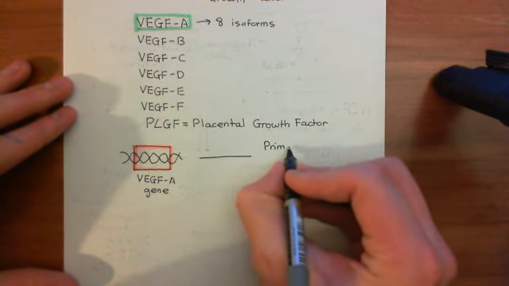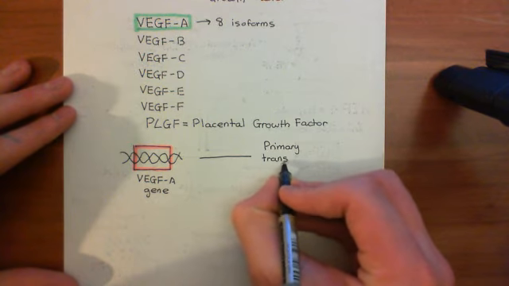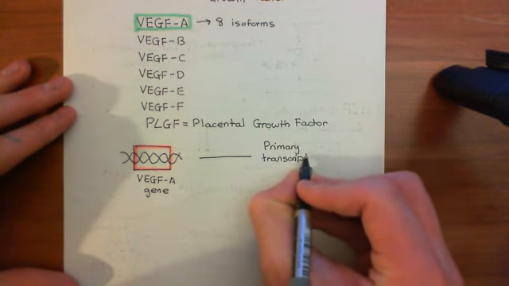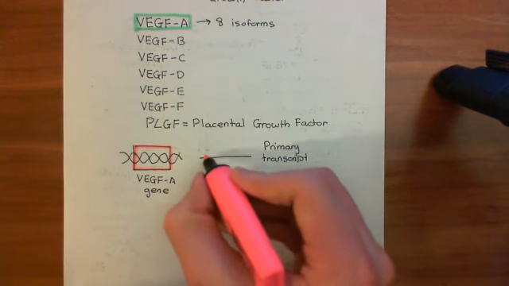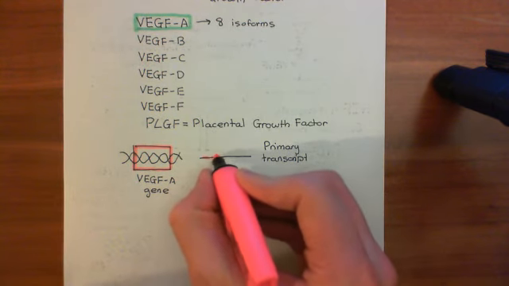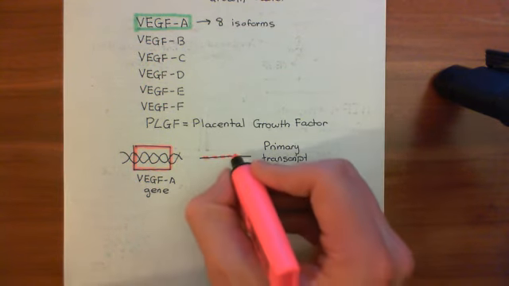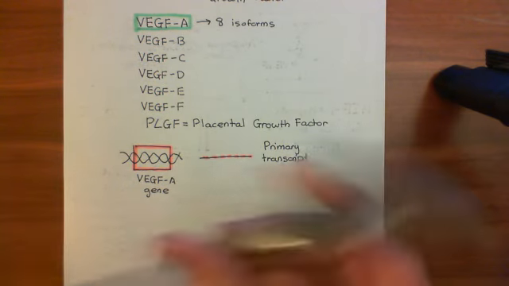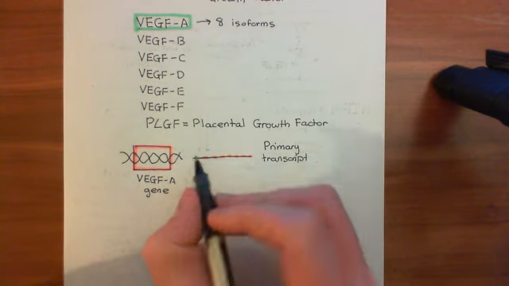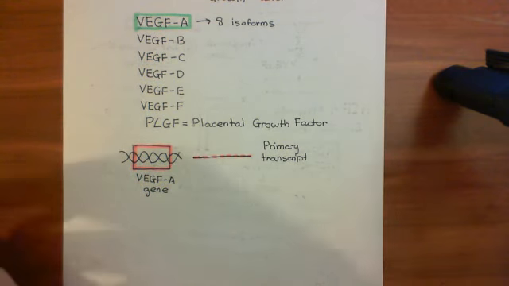Okay, so this is the primary transcript, or the pre-mRNA, so it's prior to it being spliced. Now, this is going to contain exons and introns, and the exons are the pieces which will actually be used for translation, basically, and there are going to be 8 of these. So I've drawn 7, but that's because I ran out of space, so there's going to be 8 exons in the primary transcript of VEGF-A.